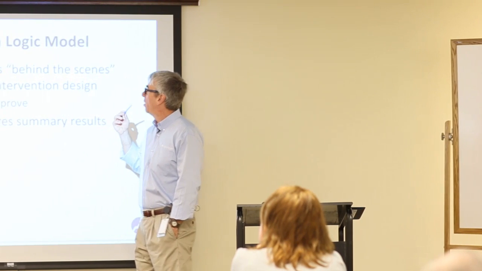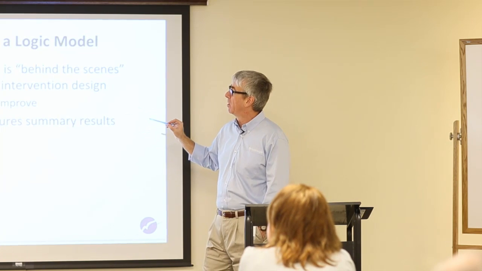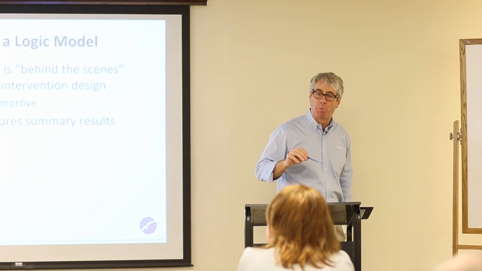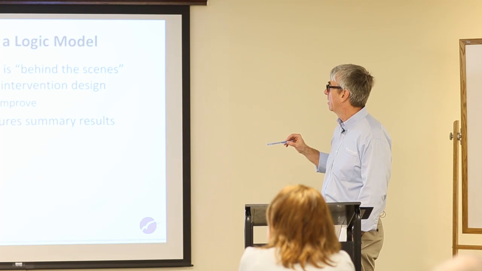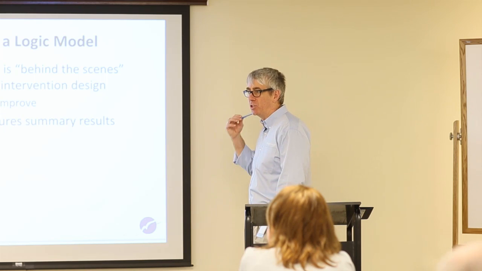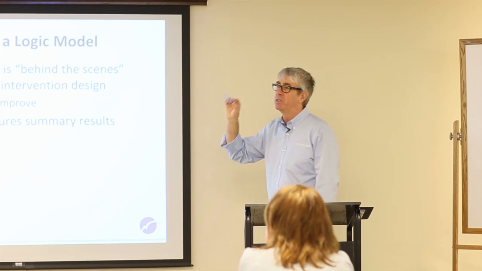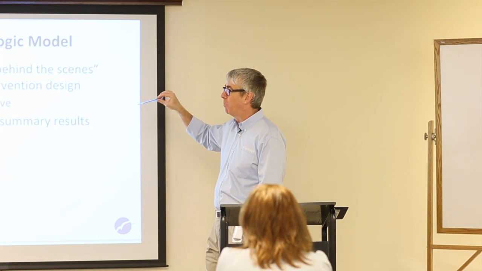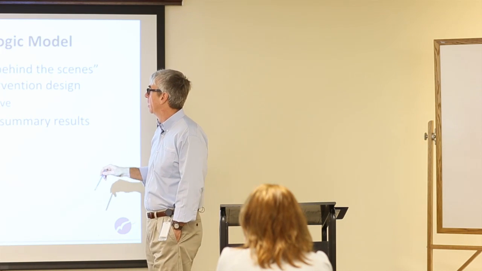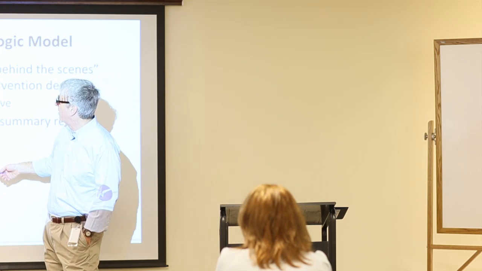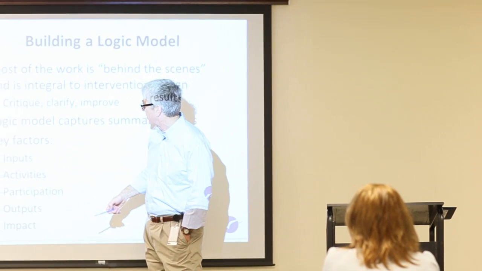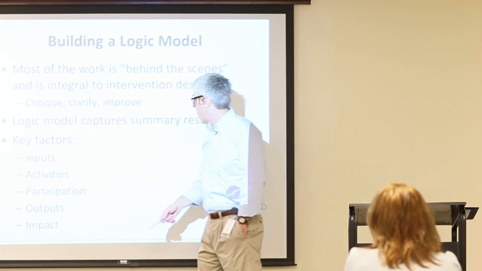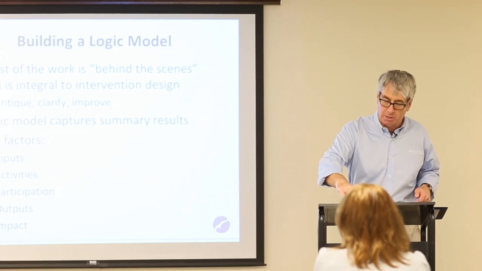A good logic model allows for and supports critique. That is, I could say, does this intermediate or long-term outcome, is that what I'm looking for? Is that correct? The key factors, inputs, activities, participation, outputs, impact, you'll find those in all the logic models.